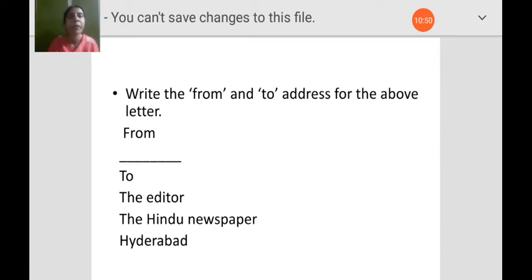So bit by bit we are learning how to write letters. The first is when you write a letter, we need to know the from and to address. First you need to write your from address. Try to write your from address with mail ID and phone number. Please write in your notebooks.